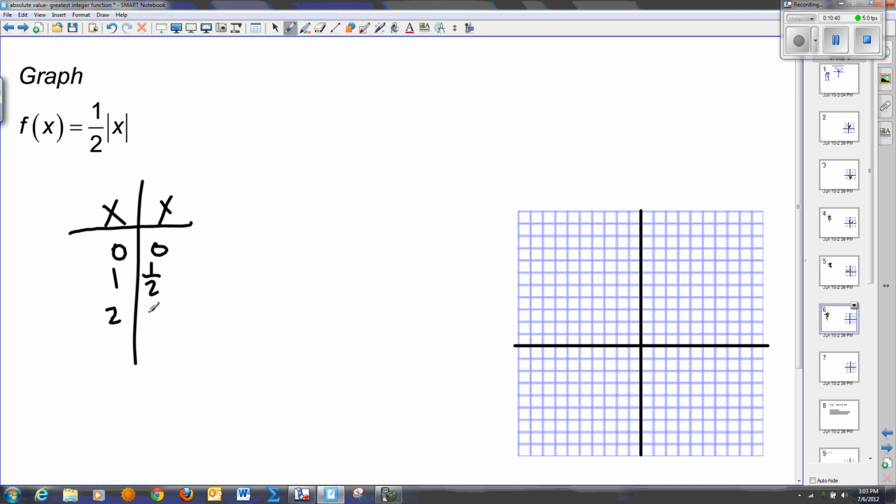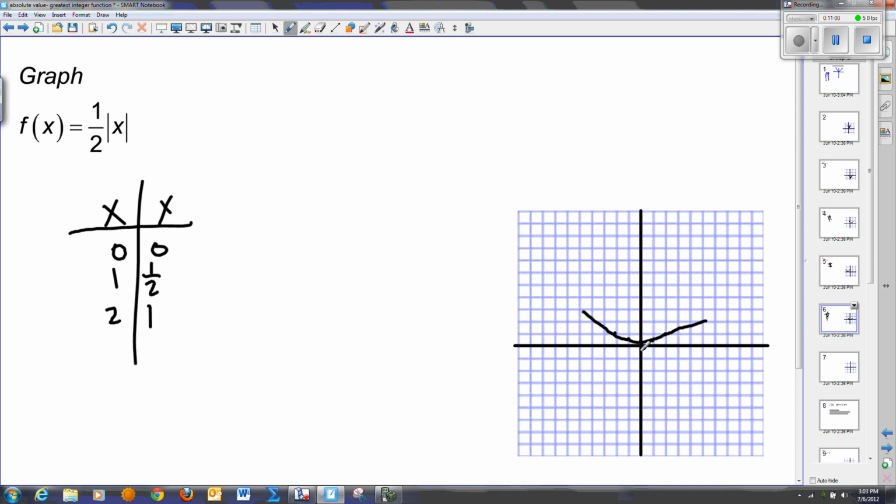And over 2, I get a 1 out. So over 1, up a half, over 2, up 1. Like so, and I can do it symmetrically on the other side as well. Here's my new graph. It appears to be a little wider.